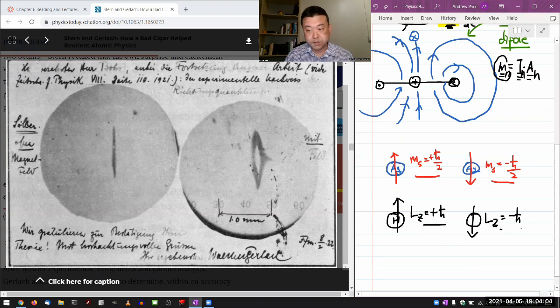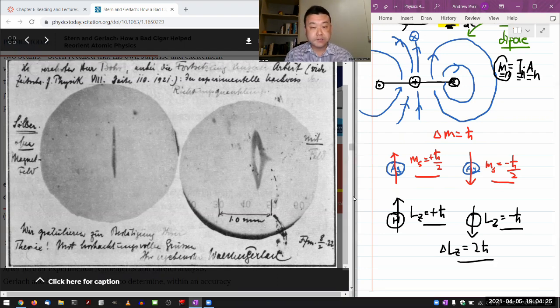The difference between these two is different from the difference between these two. Up here, the difference in angular momentum is a total of h bar. Down here, the difference is a total of 2h bar.